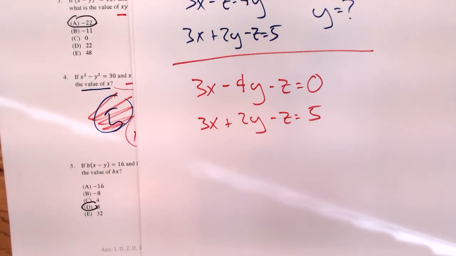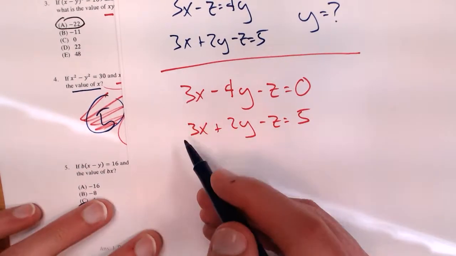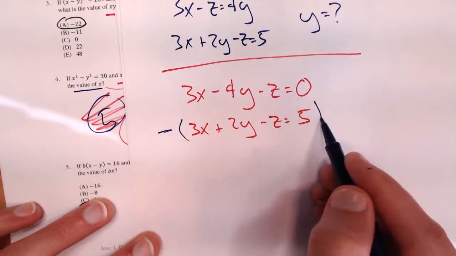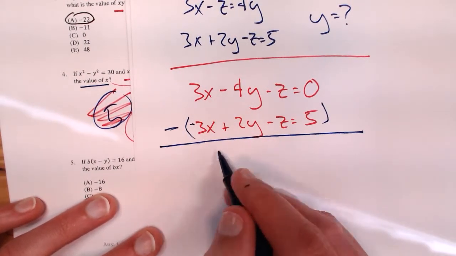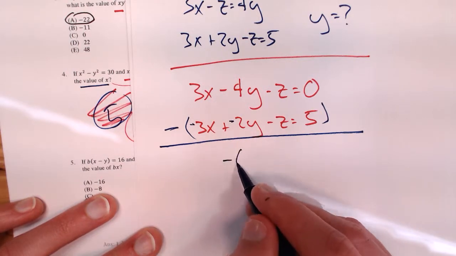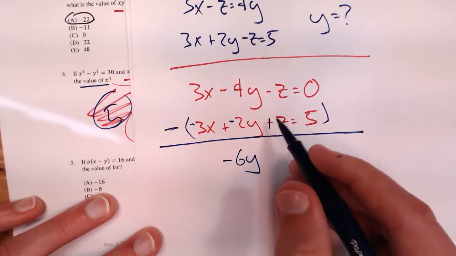All right, are there any tricks I can use to make my life simpler? Well, it looks like if I subtract this equation from that equation, two things will cancel, which is pretty cool actually. So this cancels, so I get 0. Here I get minus 6y, and these cancel because this is a plus z because it's minus minus.